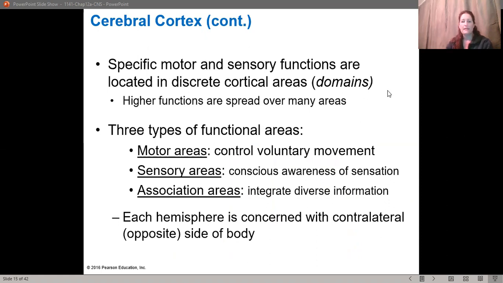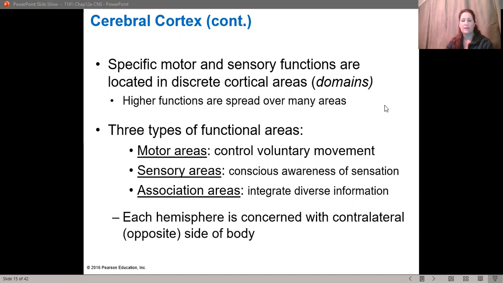There are 3 main types of functional areas. Motor areas control voluntary skeletal muscle movement. This is not going to be the area that controls the autonomic nervous system. So these motor areas control voluntary movement.